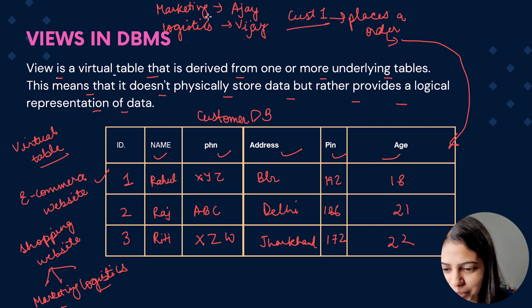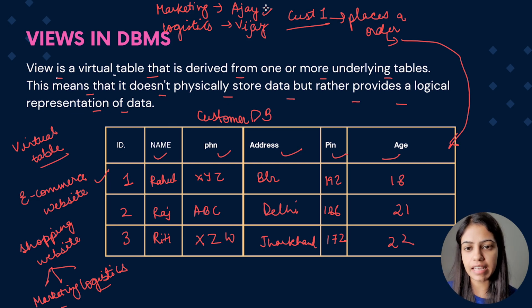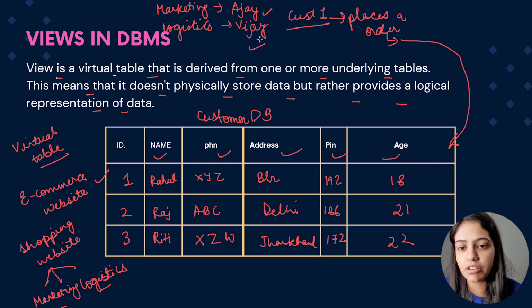Just a rhyming word. So basically Ajay is a person who is majorly focused on the marketing of the shopping website, and Vijay is a person who looks at all the logistics, like the order delivery, if the order is placed correctly or not, if the order has reached the particular person or not.